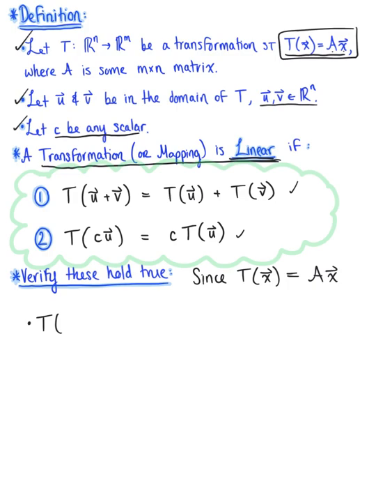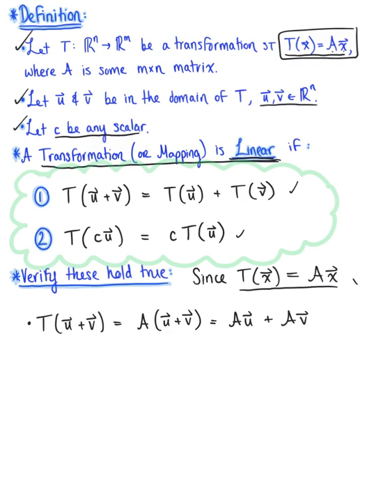We have the image of vector u plus vector v under the action of T. Since we know this is a matrix transformation, we can rewrite this as the product of matrix A multiplied by the sum of vector u and vector v. By properties of matrix vector multiplication, we can apply the distributive property and rewrite this as matrix A times vector u plus matrix A times vector v.